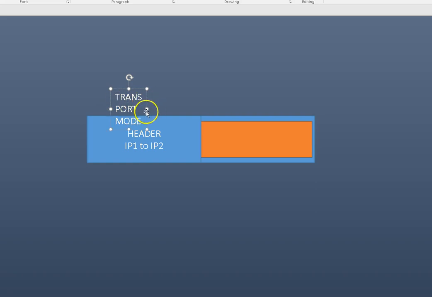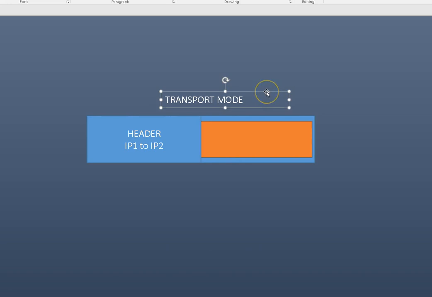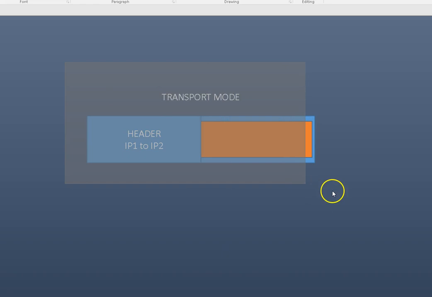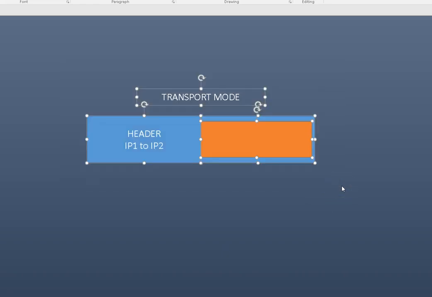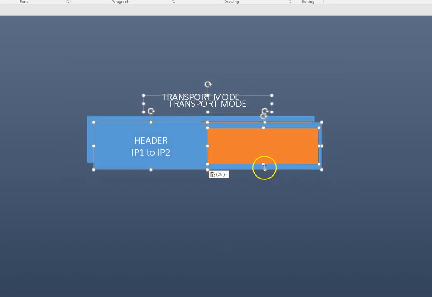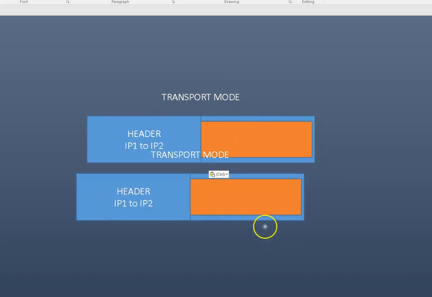I think we actually discussed transport mode when we were talking IPv6 in class, so this should be hopefully a little bit of recall for you. Then we can copy this whole thing and create another instance of this.